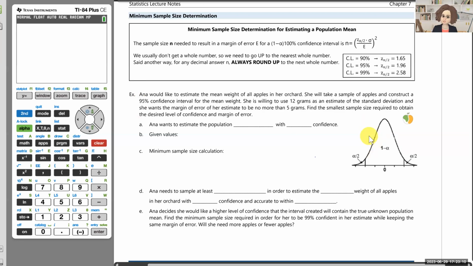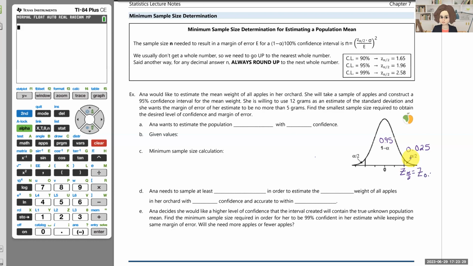So that center area there would be 0.95. And then we had stepped through the process of finding alpha over 2, which in this case was 0.025. And so that z-score, called z alpha over 2, is the z-score that puts alpha over 2 to the right. And we learned how to find that value several different ways, but it is 1.96.